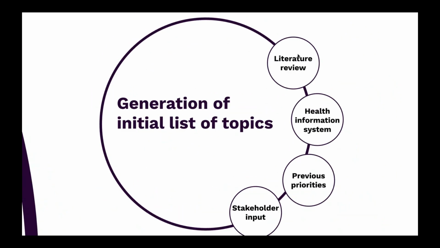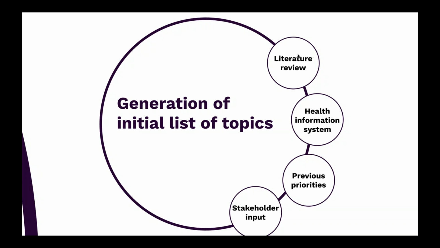So different ways of generating the initial list are, as you all mentioned, reviewing the literature. And here we look at the primary studies, existing guidelines, and existing systematic reviews to identify the topics that are mostly researched in the area of interest.